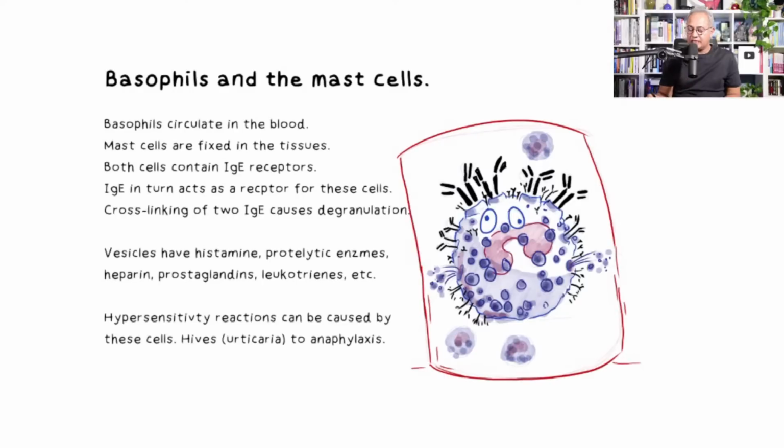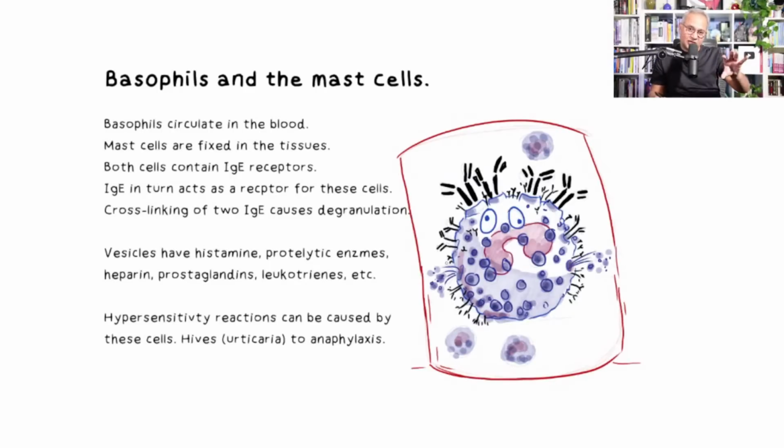Basophils live in the circulation, just like monocytes live in the circulation. When basophils leave the vascular system, the circulation, and enter the tissue, they can become residents there, just like monocytes can become residents.